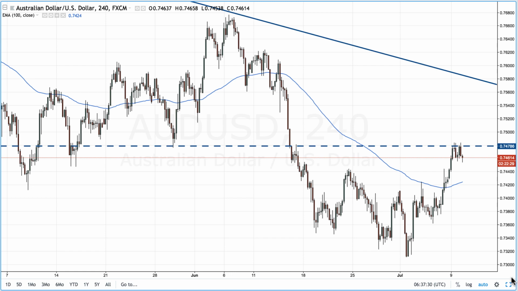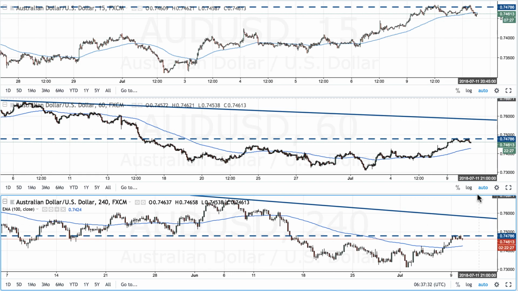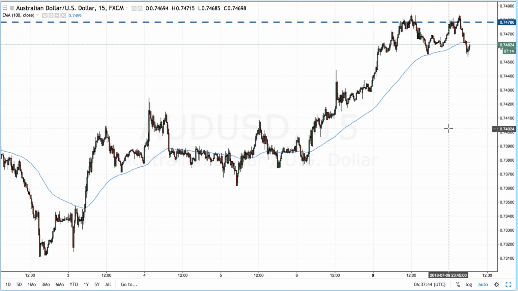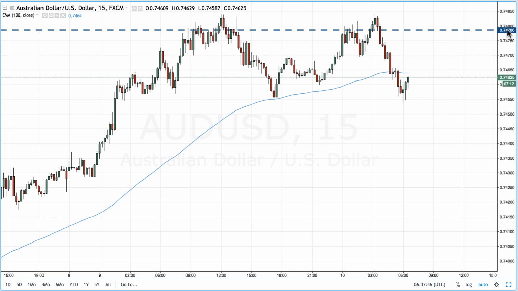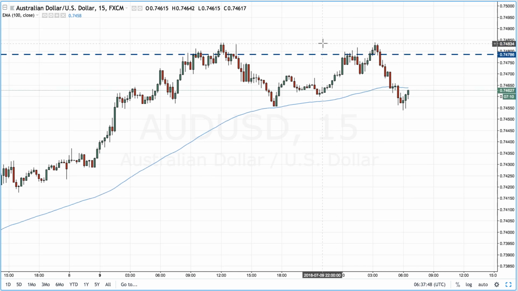That would be the most logical thing for it to do from this spot. Yes, it could break up and go towards this downward sloping trend line up here. But if we look at it from a shorter time perspective, on the 15-minute chart, we've got a double top at that level, and that's what's important.